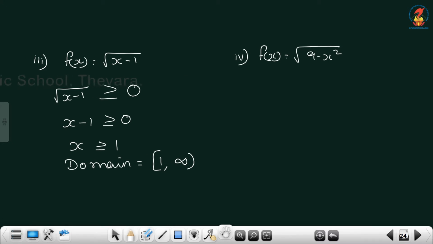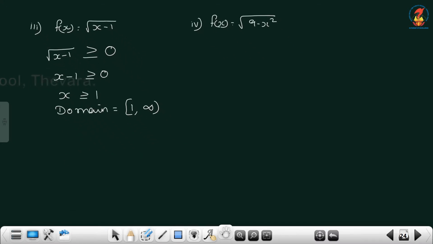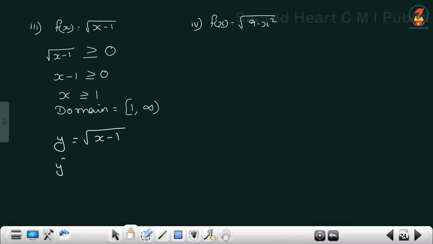Now we have to find range. For finding the range, put y equal to. Let y is equal to root of x minus 1. Now y square, you can square it, x minus 1.